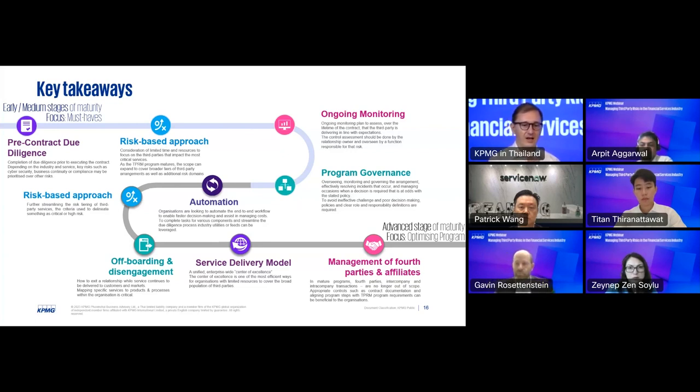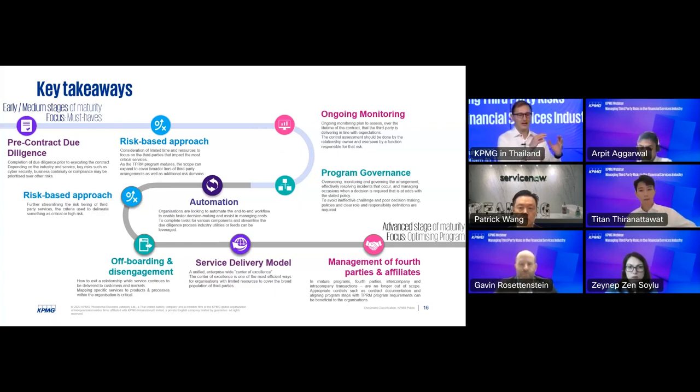Obviously, there are a lot of other potential actions and measures that you as a client, you as an organization, could be looking at. What's important to note, and I think that has also been nicely addressed earlier, is that it really depends on how far you have already moved along your maturity journey towards advanced third-party risk management.